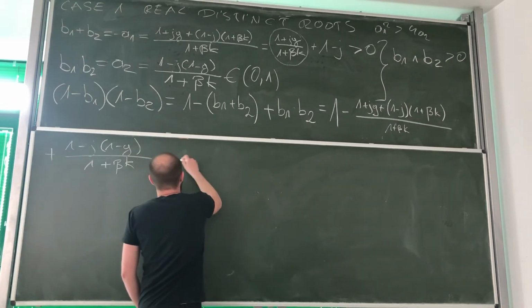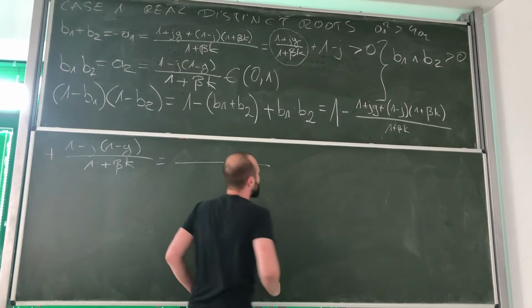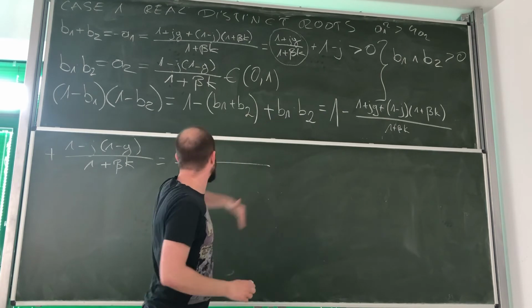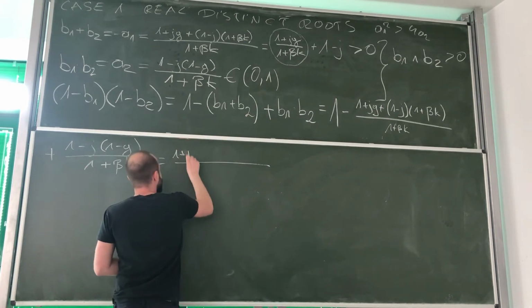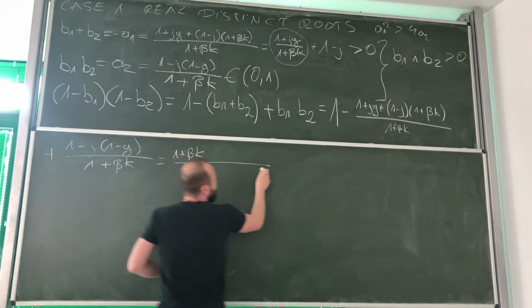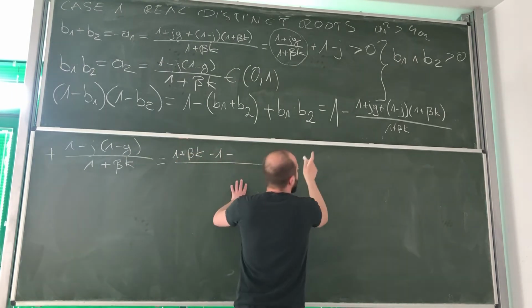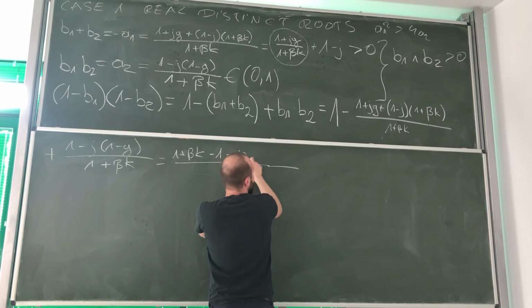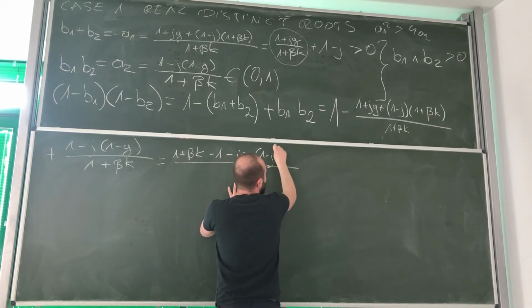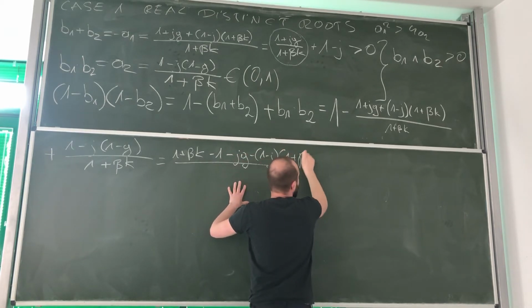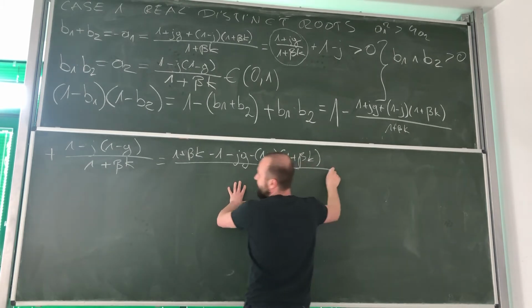Okay, so 1 turns into (1 plus beta k) over (1 plus beta k), right? Then we've got minus 1 minus jg minus (1 minus j) times (1 plus beta k), okay?